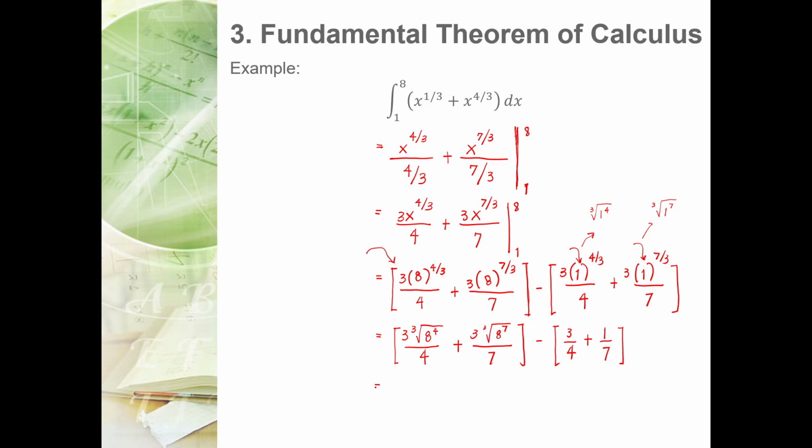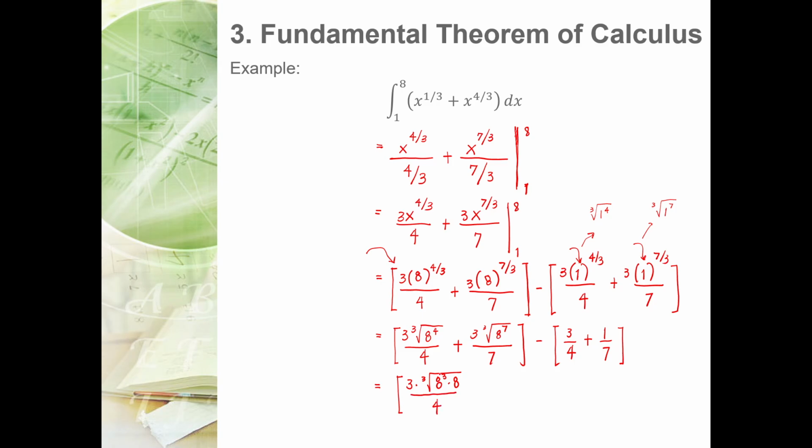If we try to get the cube root of 8 to the power of 4, if you have a technique for that, the answer is 16. So what is 16? If you break it down even further, 3 times the cube root of 8 cubed times 8, all over 4.